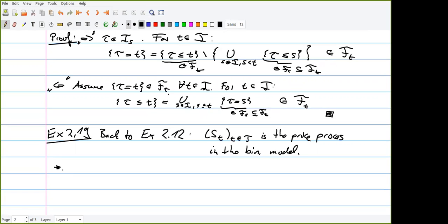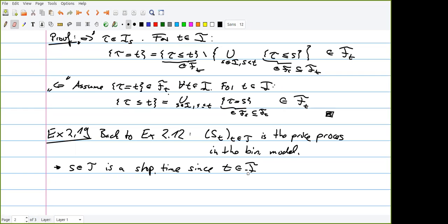If I want to decide to trade at a time s in this index set, this is a stopping time, because I can decide at time s that I want to stop at time s. This is rather trivial, but let's check it to familiarize ourselves with the definition.